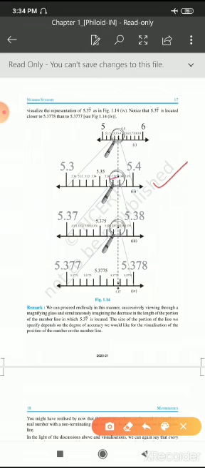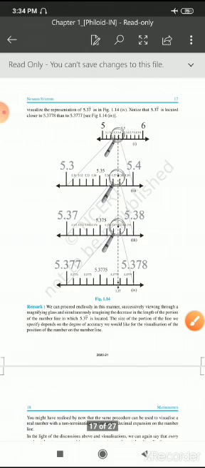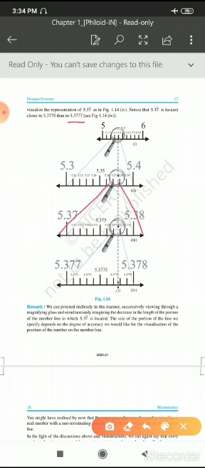Again, to include one more decimal place, 5.377. Where does 5.377 lie? In between 5.37 and 5.38. Take the place between 5.37 and 5.38 separately and again divide it into 10 equal parts. Then 5.377 will be here. Again, 5.3777: one more decimal place is to be included.